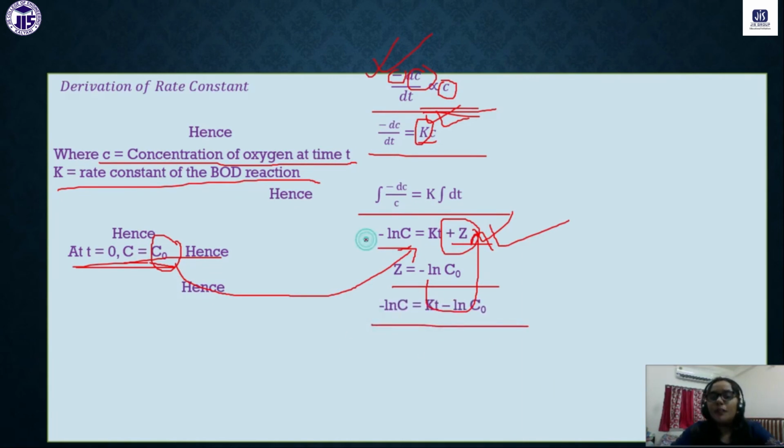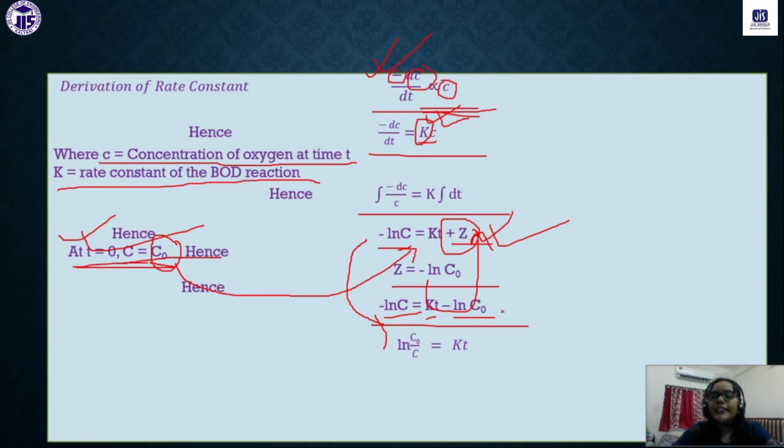From this step we will get minus ln C equals kt minus ln C0. What is ln C0? That is the z value that we got by putting in these conditions. Understand? So what will be the next step?